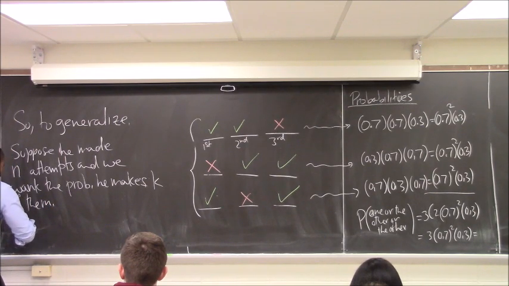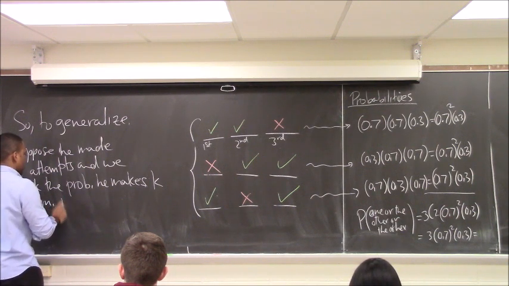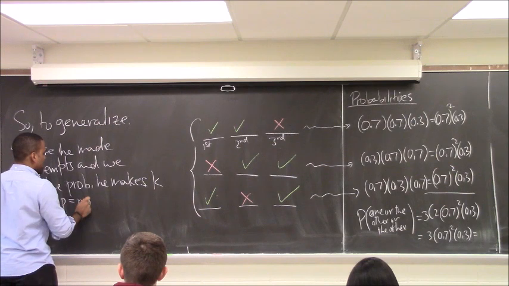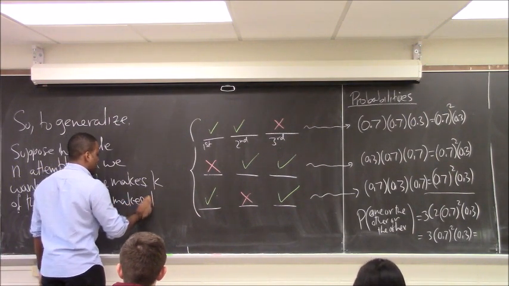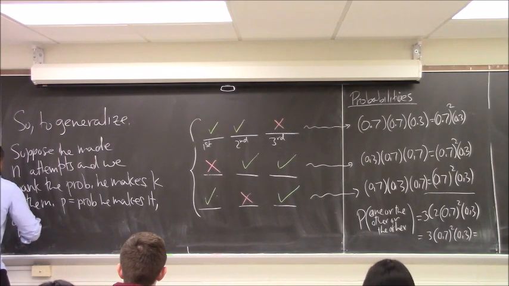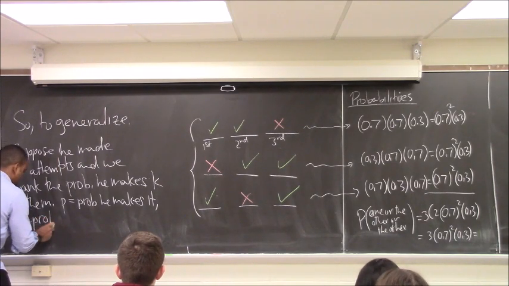Also let's say p is the probability he makes the shot. Let q be the probability he misses the shot.